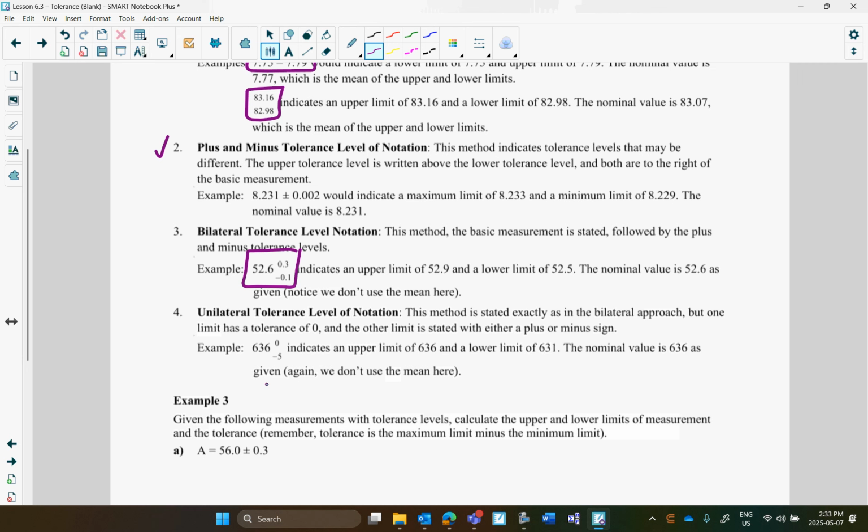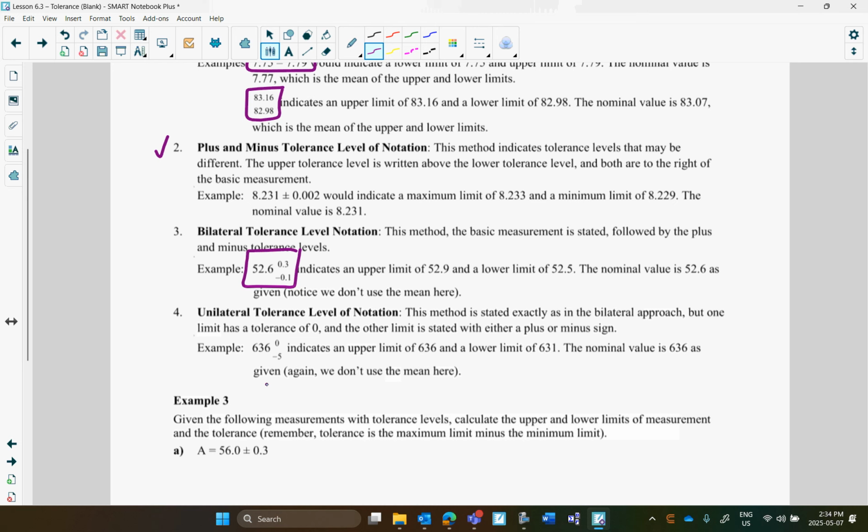And then it gives you how much we are willing to go up and how much we are willing to go down. Notice it doesn't necessarily have to be the same. So this has a nominal value of 52.6.